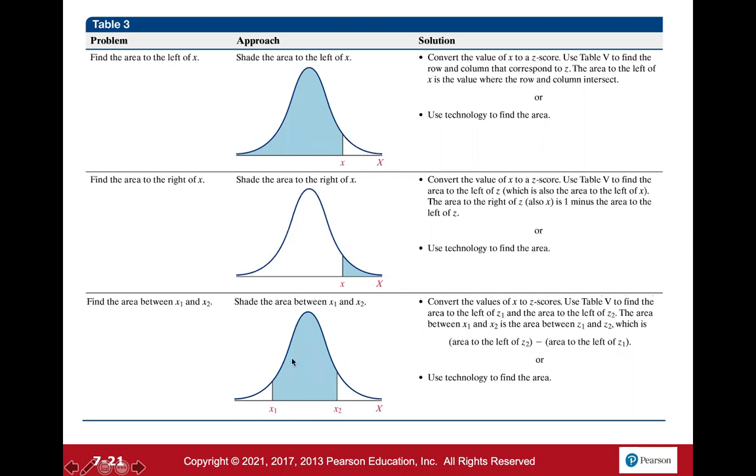And to find this shaded region, we just have to find the area to the left of our smaller value to see how much we have to take off. Because again, whenever we do these, we're finding the entire area here, and we need to know how much to take off on this side. So we find those two different areas and subtract them.